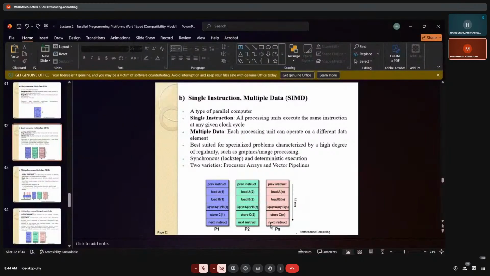What they can do is process the same instruction at the same clock cycle, but with multiple data. Data is changed. Like here A1, here A2, here B1, here B2, but load C is the same thing. Same formula.